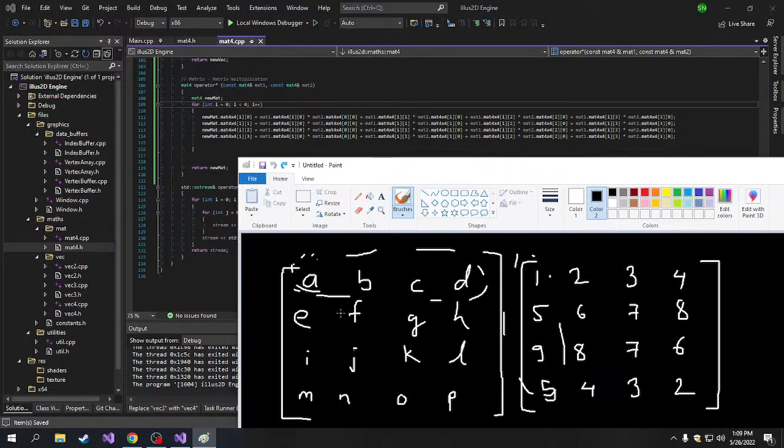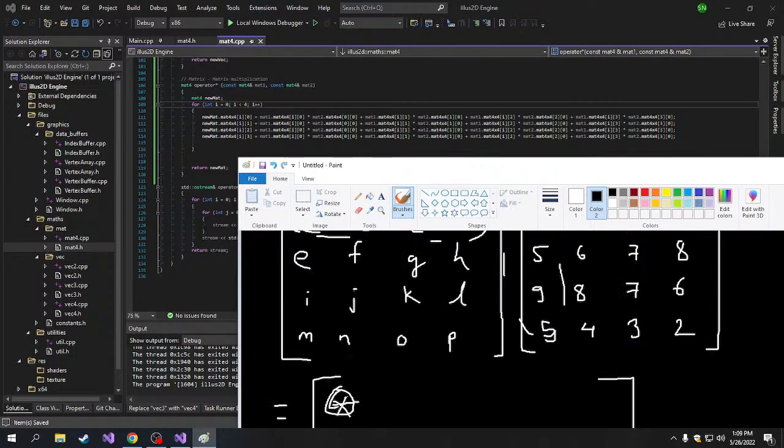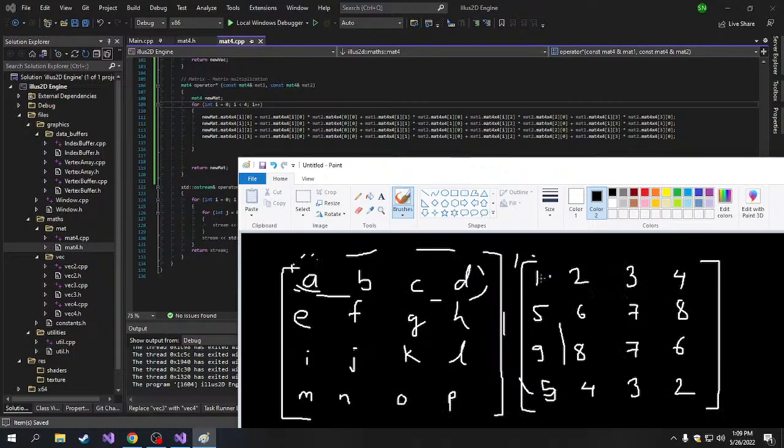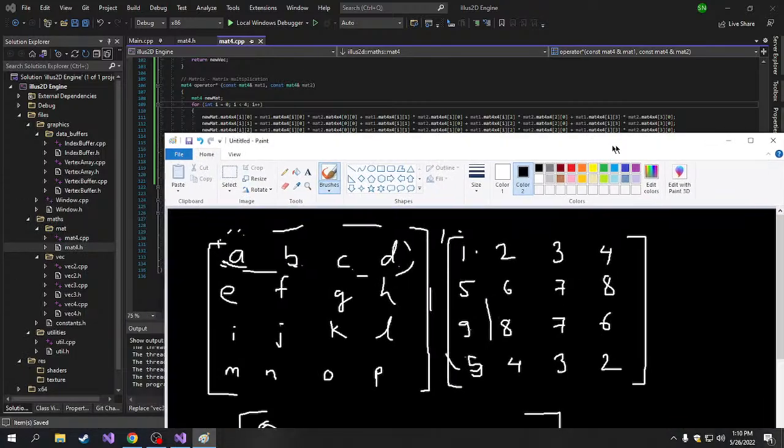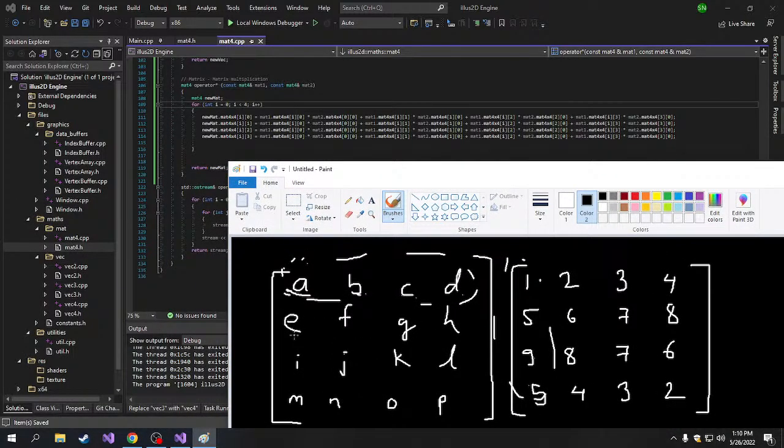So the first element is gonna be, so this element is gonna be i0 multiplied by 0 0, i0 1 multiplied by 1 0, so this is gonna be this one. So i2 multiplied by this, i0 1 0 1 2 3 multiplied by 3 0. Cool. That's it. So for the second one, what we'll just do is we'll just increment that.